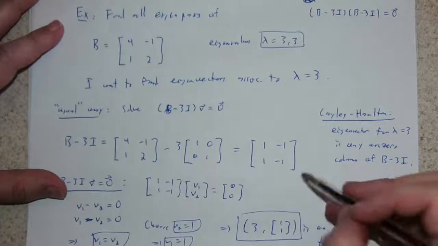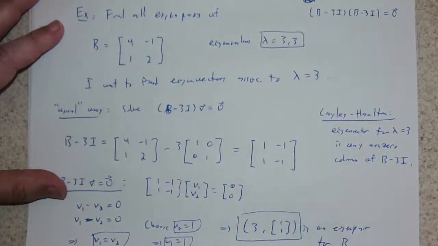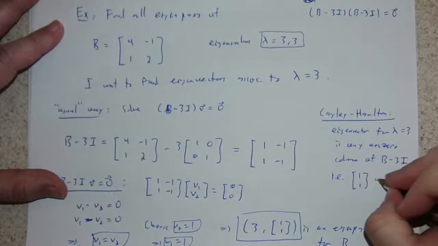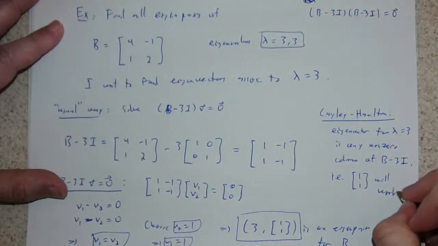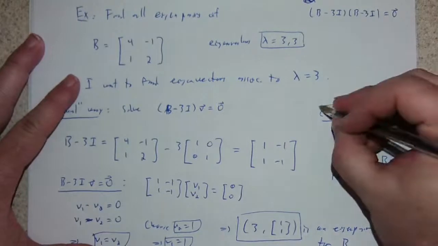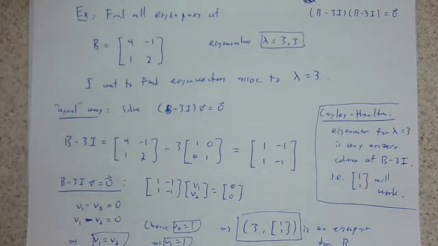Here's B minus 3I. Well, pick the first one, i.e. (1, 1) will work. That's it. So I actually get the exact same one that I got from the usual way. But look how short Cayley-Hamilton is. Look at that. So nice.